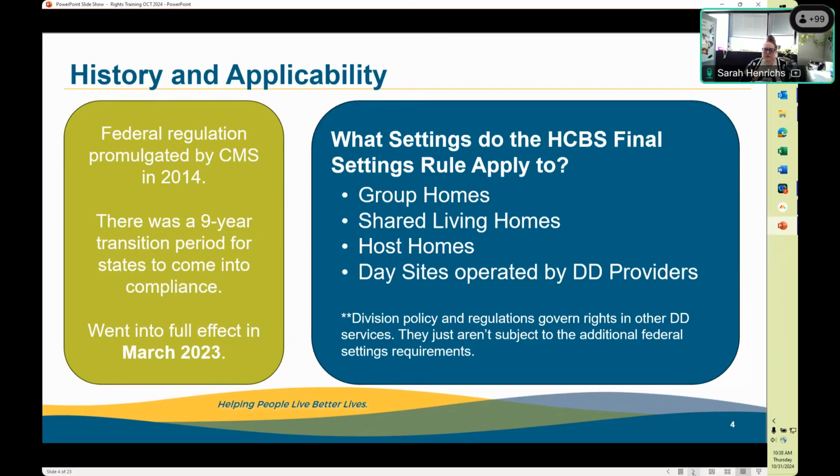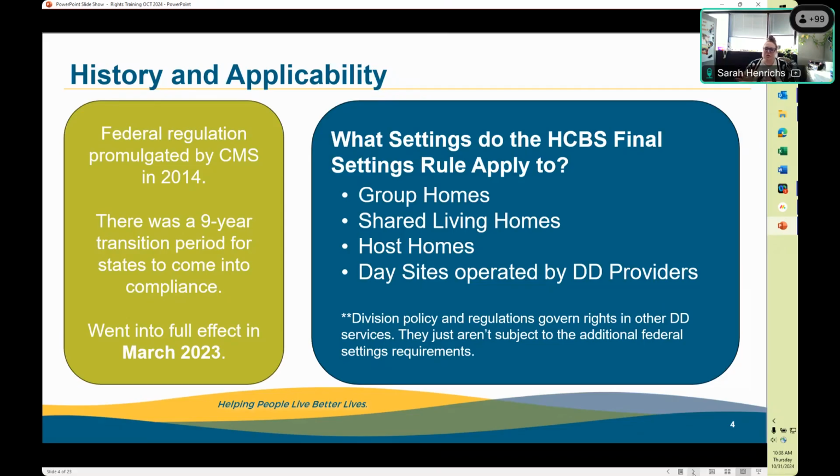So before we get too far into this, I want to touch on the applicability of the final settings rule, because sometimes folks get confused. I just got an email the other day about a setting, a sober living facility where a person was getting services and the person doesn't have a lease. And somebody was saying, well, I don't know if we can serve them there.